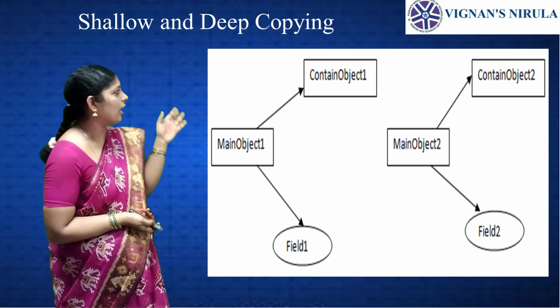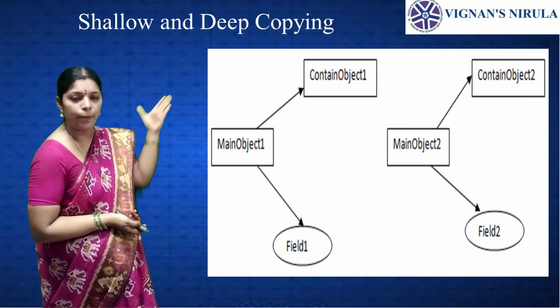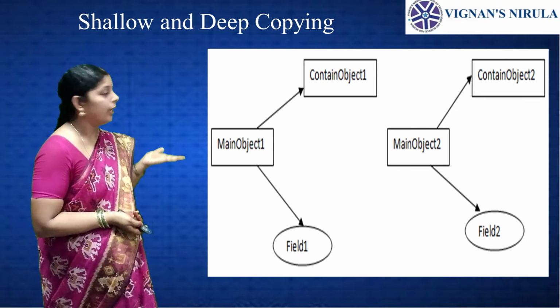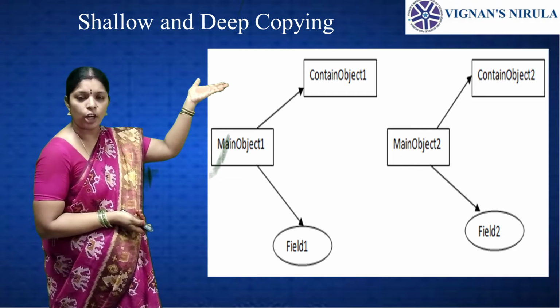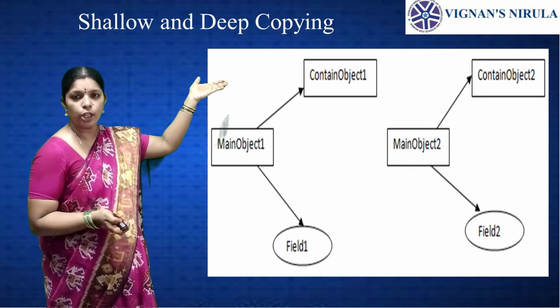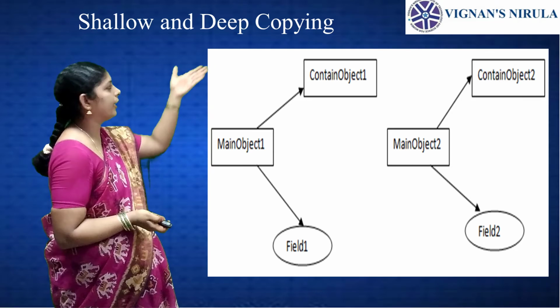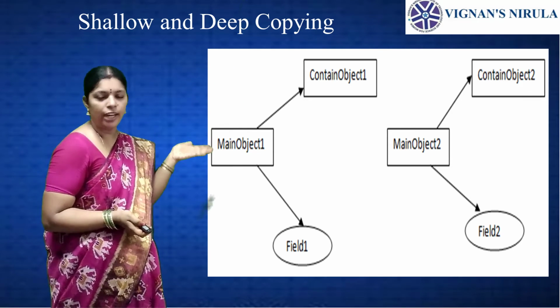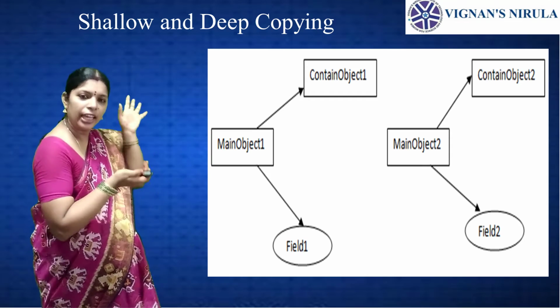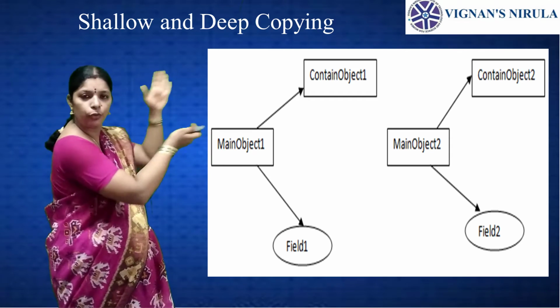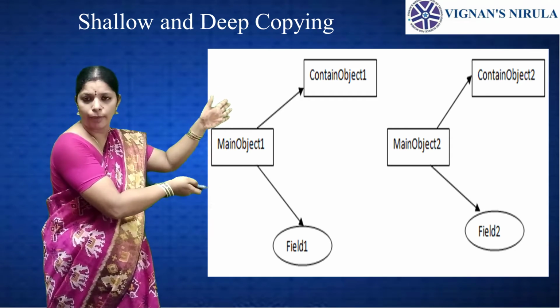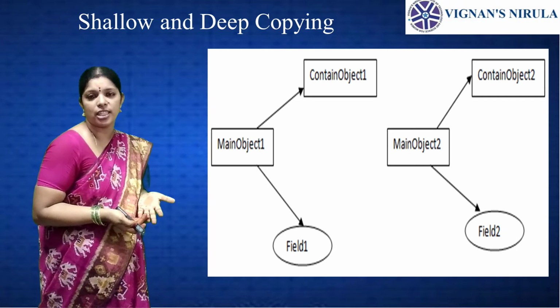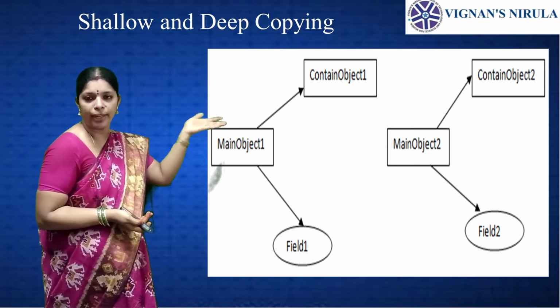Here we have contain object 1, main object 1 and field 1. Here we have contain object 2, main object 2 and field 2. If any changes occur in any one of these contain objects, there is no change in main object 1 and main object 2.